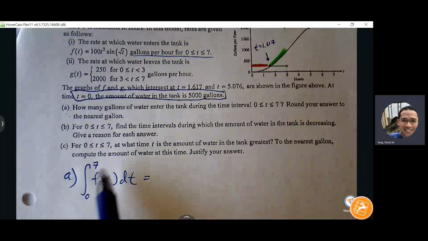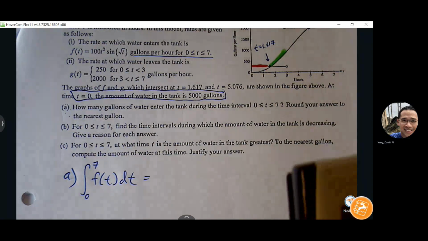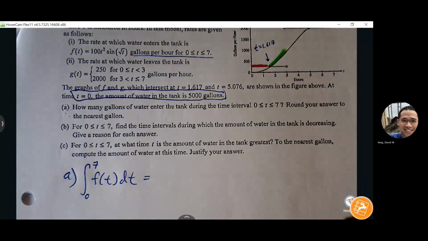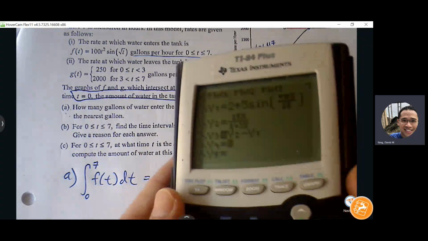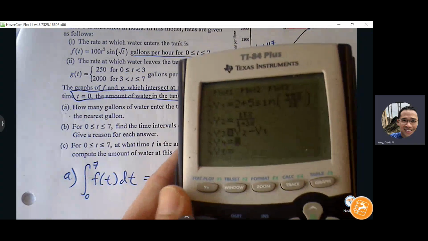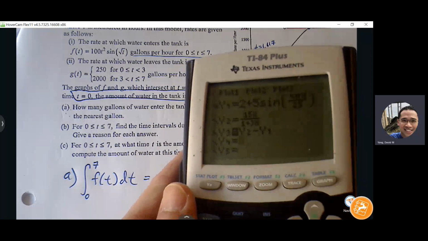Okay, so the integral from 0 to 7 of f of t dt, we go to our calculator, we make the calculator do the work for us. Save y1 to y3 for the next class, so I'm just going to use y4, but you can erase and use y1 if you like.